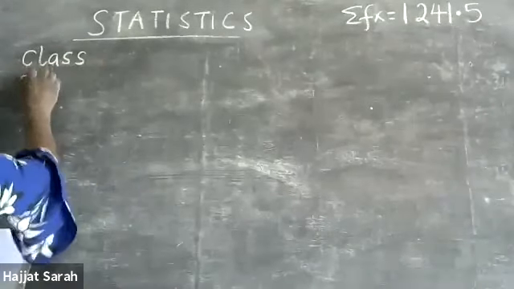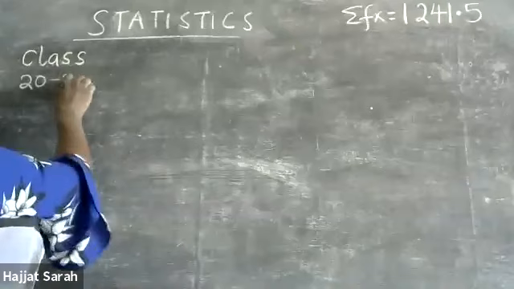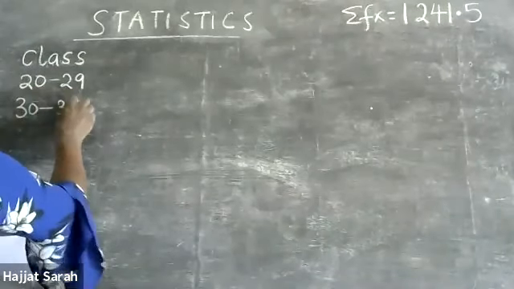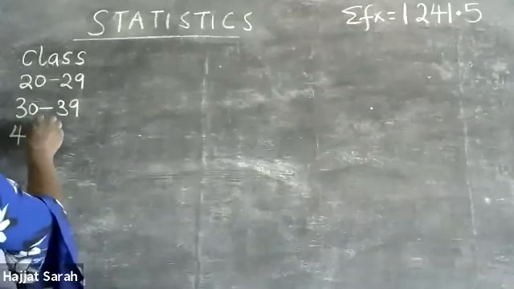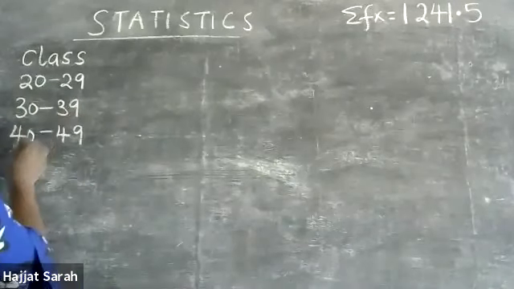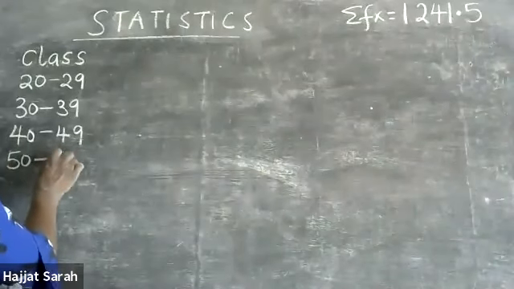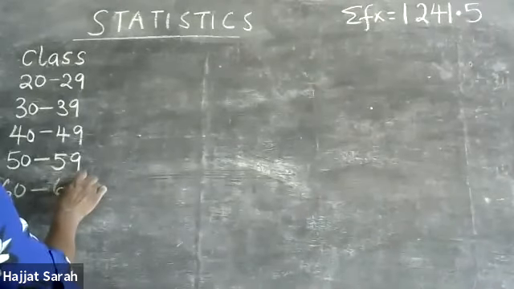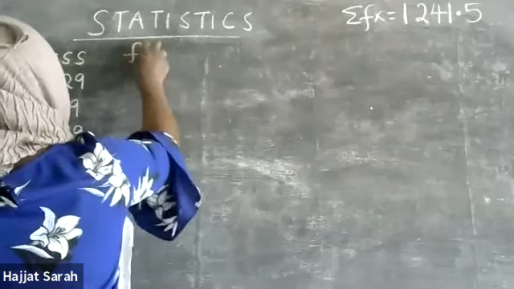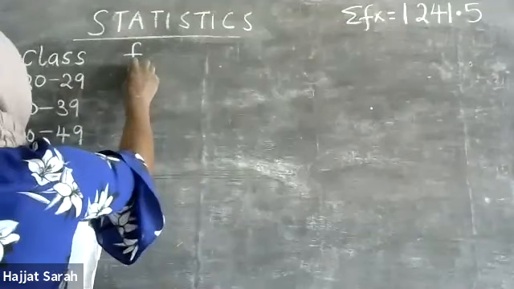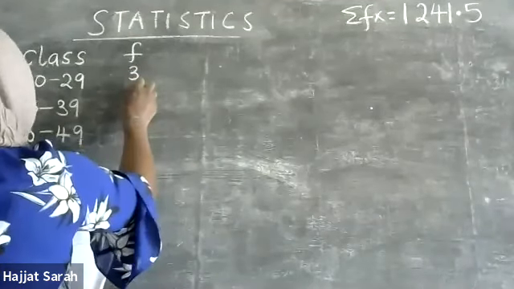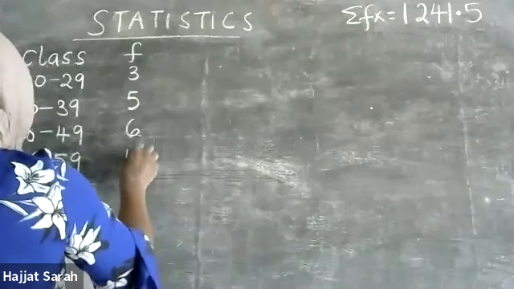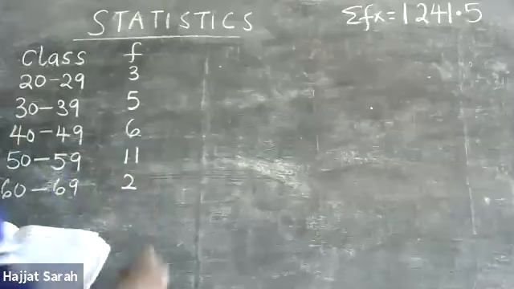Our class was 20 to 29, 30 to 39, 40 to 49, 50 to 59, 60 to 69. We were given the frequency, and the frequency was 3, 5, 6, 11, and 2.